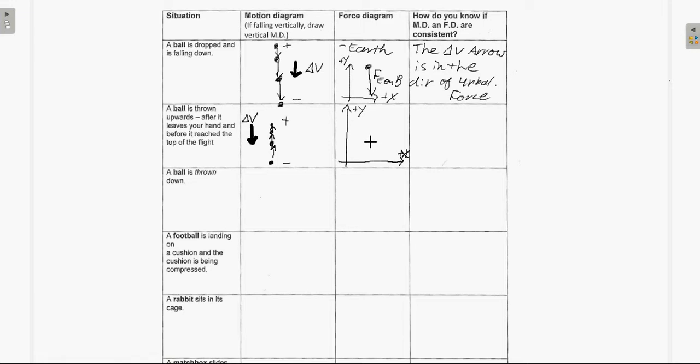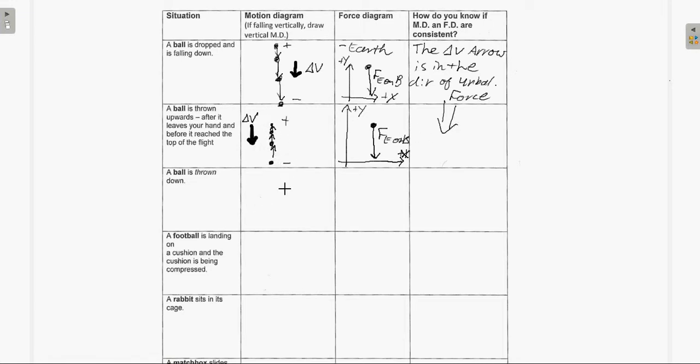And so force diagram, lo and behold, is the same because earth is always pulling downward. Same thing for here: the delta V arrow is in the same direction as the unbalanced force, and it's coming to a stop, so we know the delta V arrow is this way.